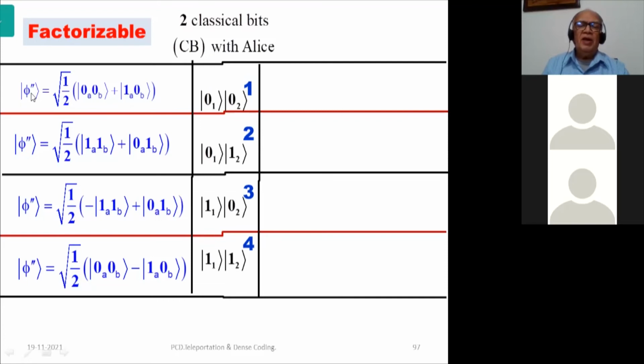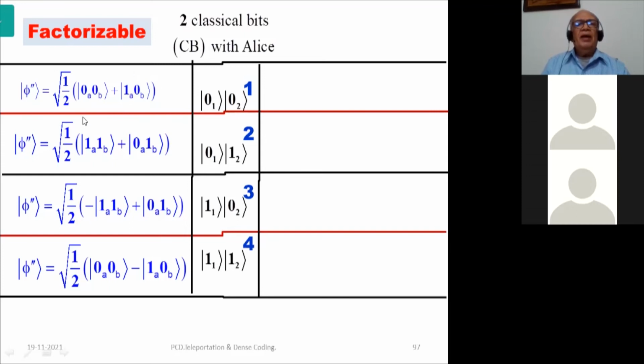The single prime one was the one which Alice got after operating on her qubit with a single qubit gate. So now you get a 2 qubit factorizable vector. And there are 4 possibilities which correspond to the different possible pairs of classical bits which are with Alice. These are the 4 possibilities which I have written in the middle.